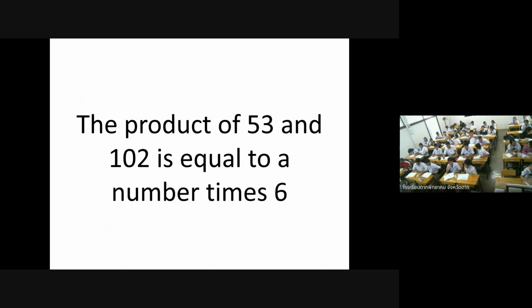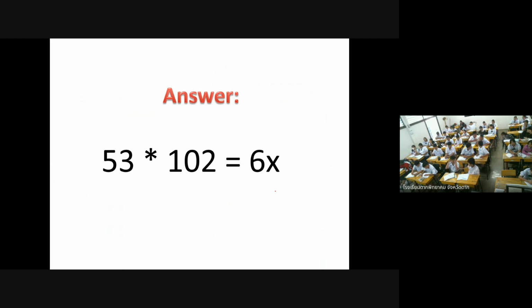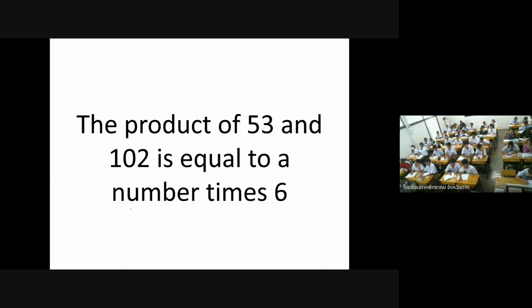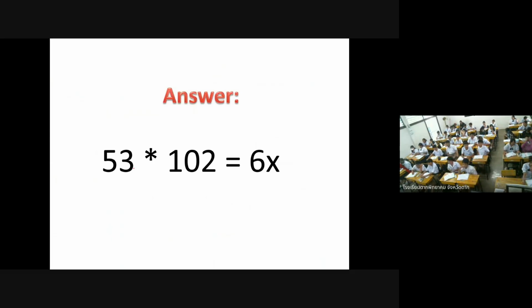Very good. A number means x, x times 6 is 6x. Product means multiply, so we're going to write it as 53 times 102 equals 6x. Okay, understand?